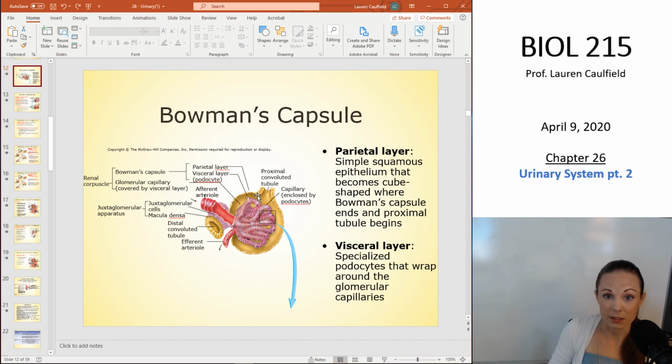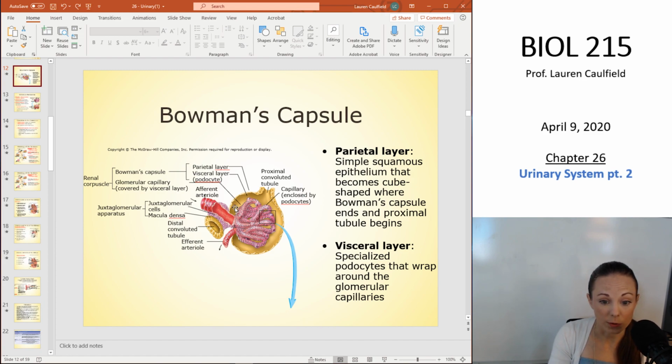The difference is that because we have structural differences in our capillaries as well as the membrane here, the components of that filtrate are going to be different than what you would have with interstitial fluid.